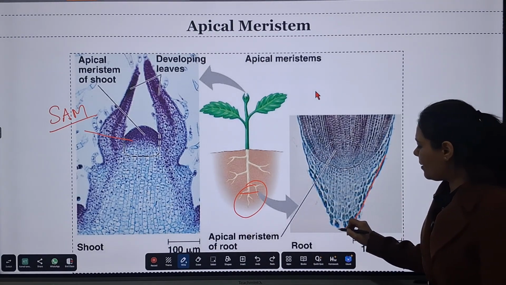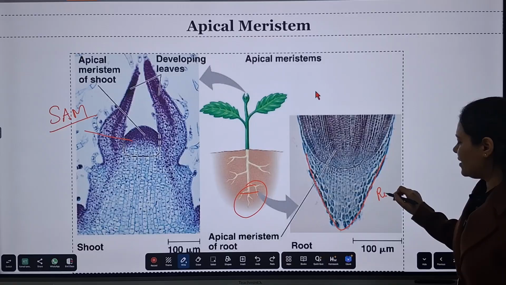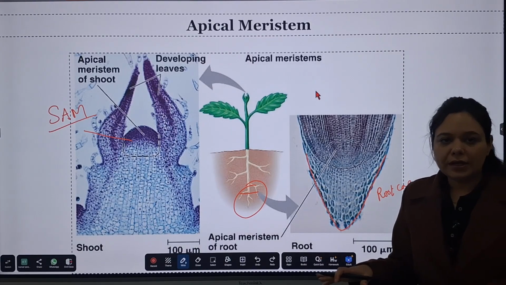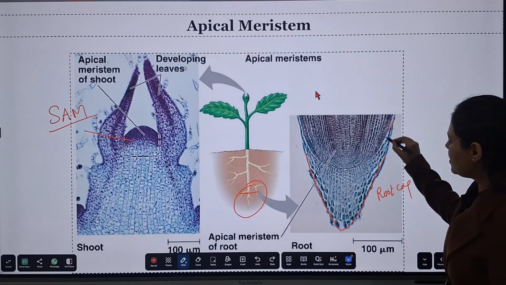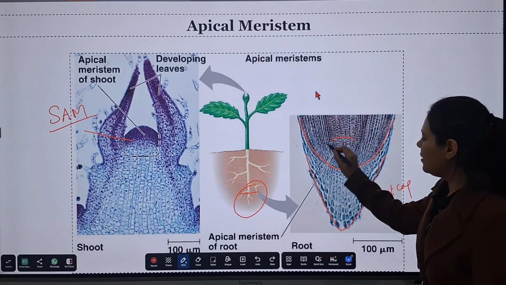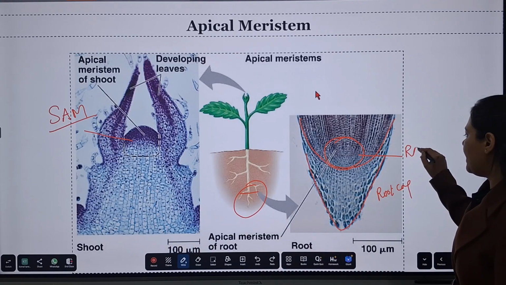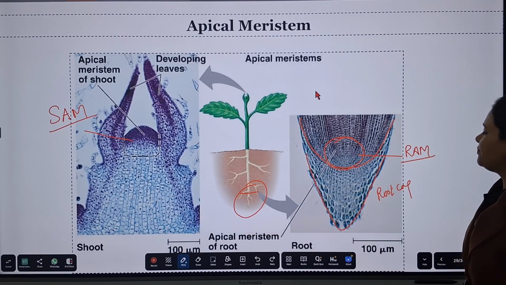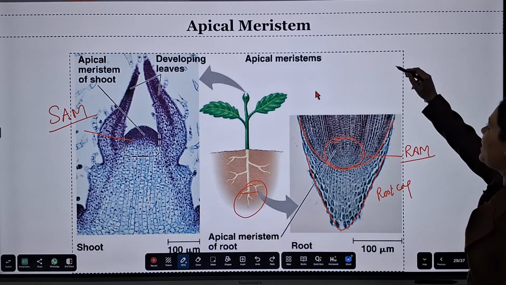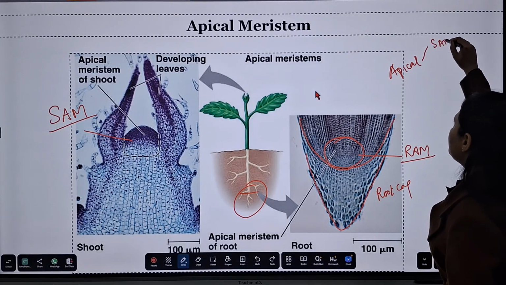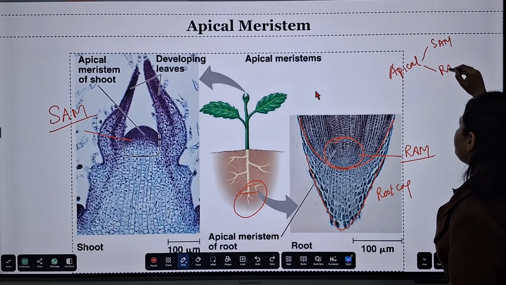This is the root cap that is basically protecting the root from damage in the soil. Now this is the root apex, and meristematic tissue is present in this region. We call it root apical meristem. So apical meristem can be of two types: shoot apical meristem and root apical meristem.